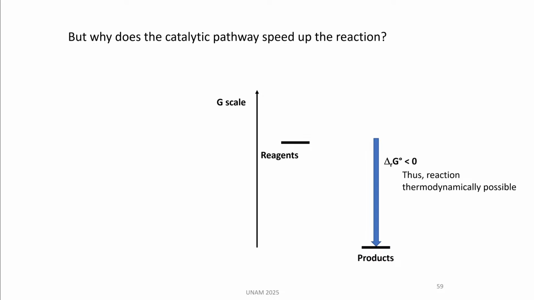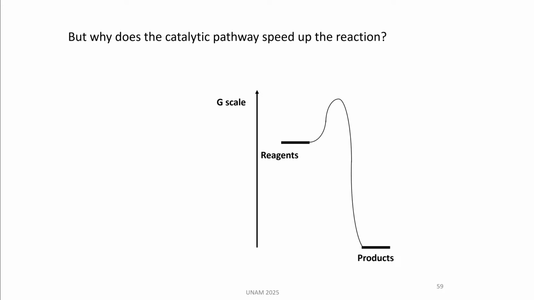So the reaction is thermodynamically allowed, that's the first point. But between the reagents and the products, some transformations happen along a reaction coordinate. I don't know which one it is, but at some intermediate time, it will cause an increase in the free energy. You have an energy barrier here.